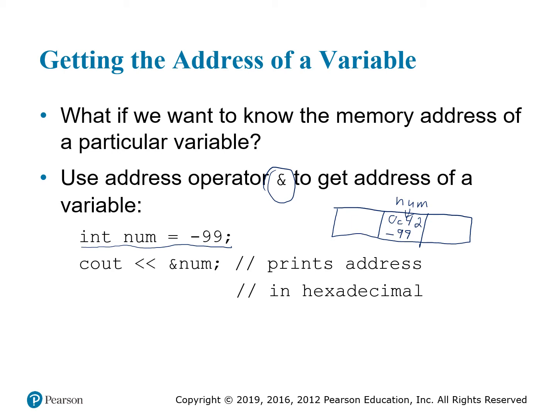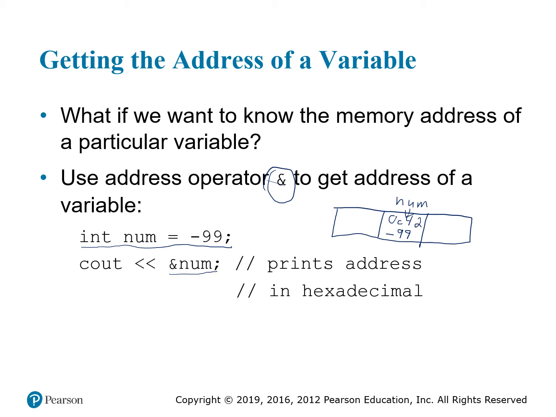Now, what if we wanted to know that actual memory address, 0C42? Well, we could use the ampersand operator and num, often pronounced address of num, to retrieve not the value of num, but its address.